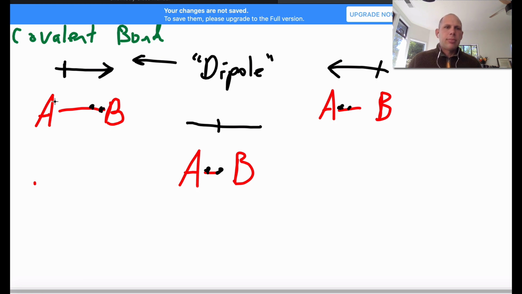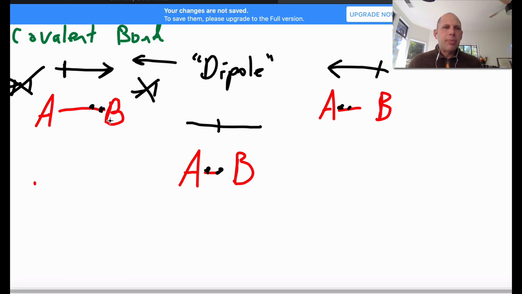But in a situation where B pulls harder on the electrons than A, B does not have a -1 charge, and A does not have a +1 charge. But B kind of has a more negative charge than A because the electrons are closer to B.